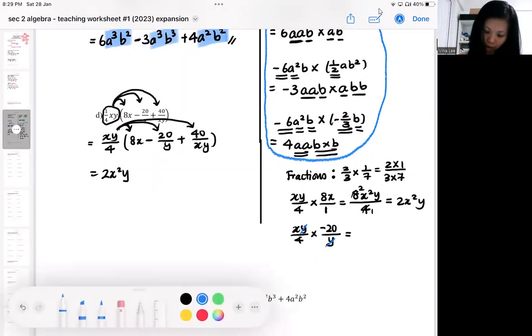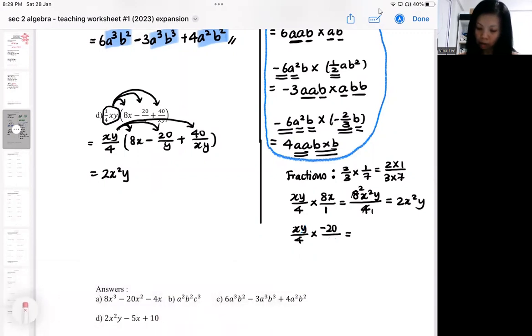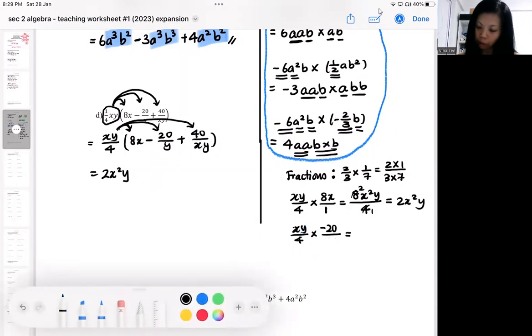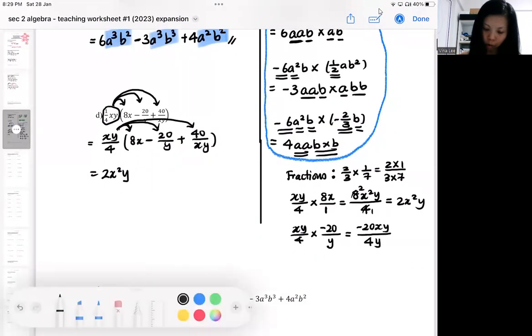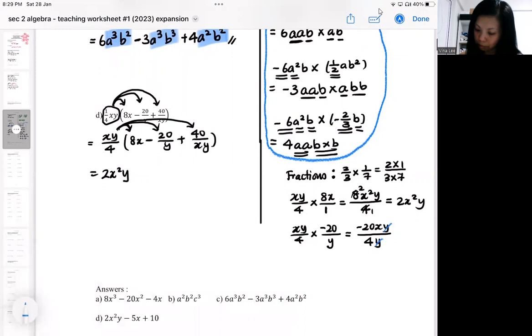Okay, then, or if you don't want to be confused by the cancellation, you can do numerator times numerator first. Denominator times denominator. Then you do the cancellation, including the number. So you're left with minus 5x.